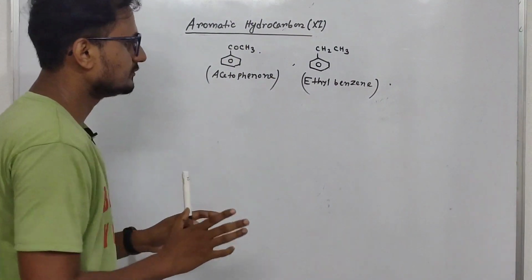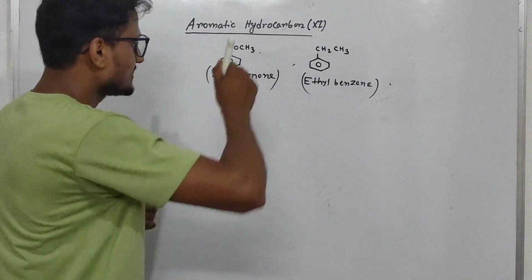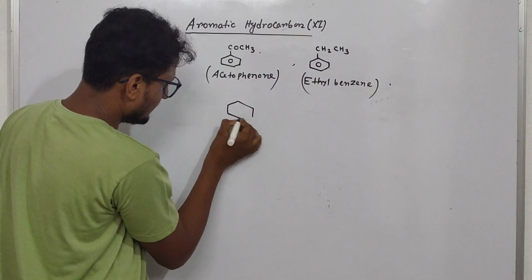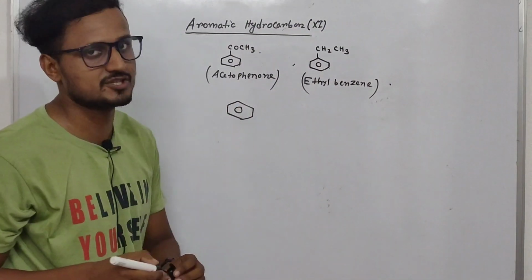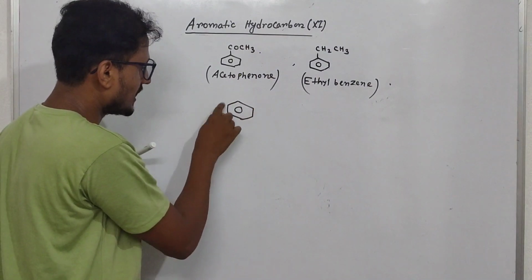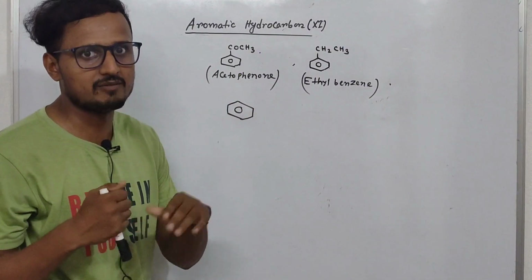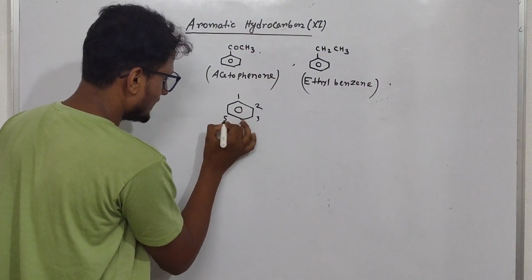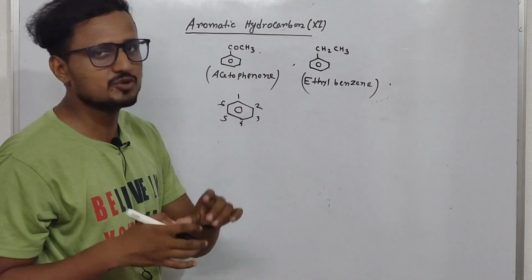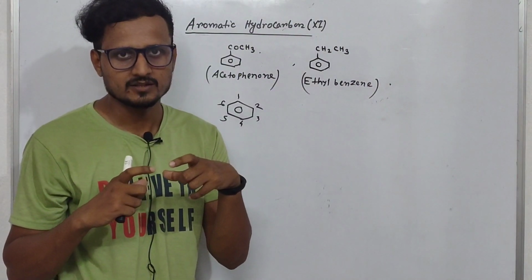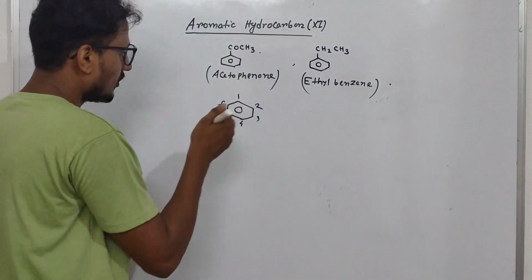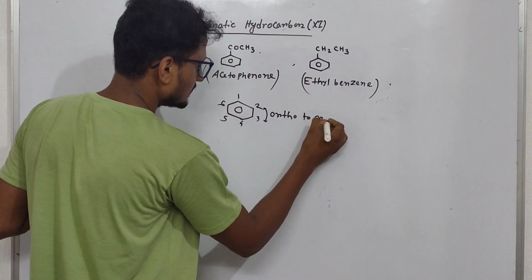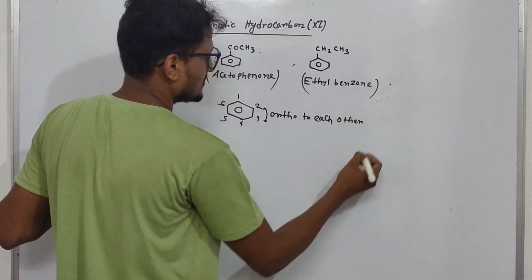For that we have to learn some tricks about these aromatic compounds. This benzene compound has 6 positions, 1, 2, 3, 4, 5, 6, and all these positions have a particular name. Suppose I mark them 1 to 6, then the positions which are neighbors to each other are called ortho to each other, or we can say ortho positions.